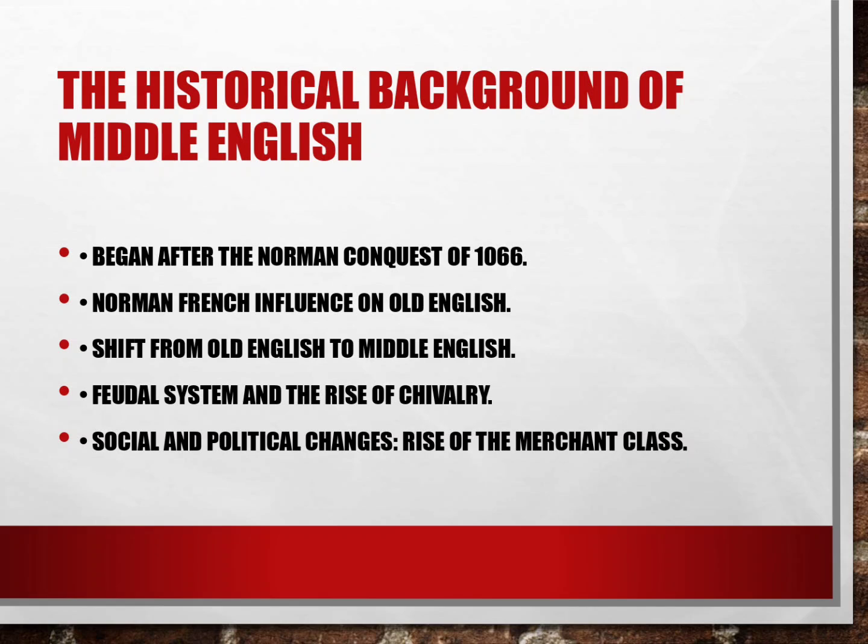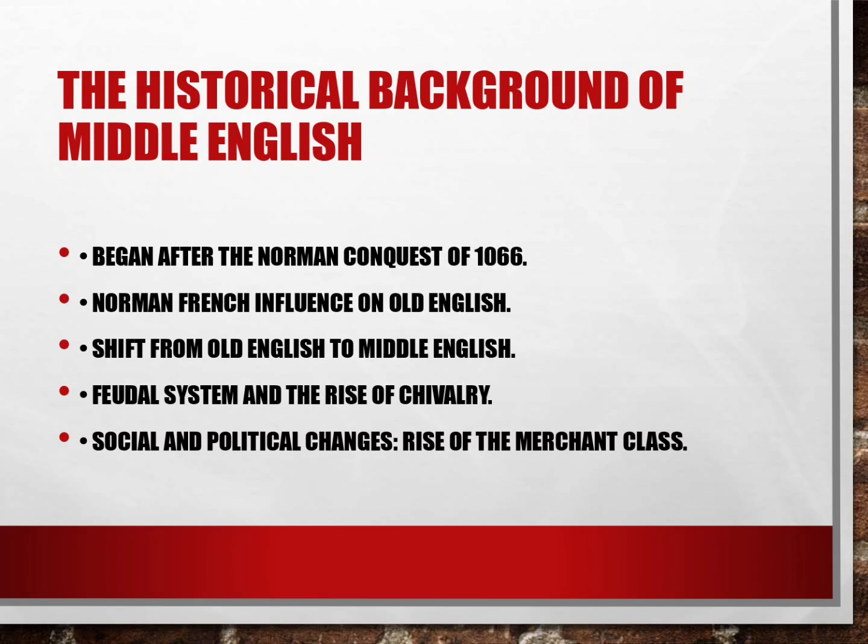And the Black Death also had a great impact on the societal structure in the Middle English period. The Black Death happened from 1347 to 1351. It was a kind of plague.